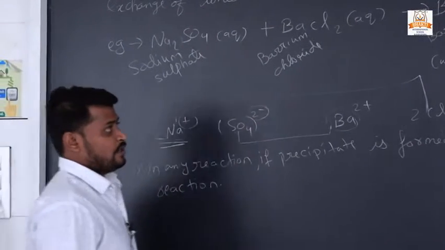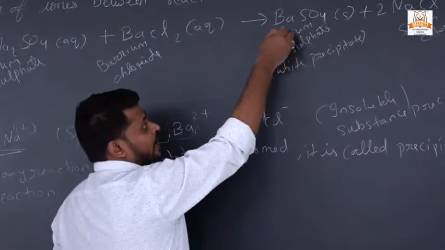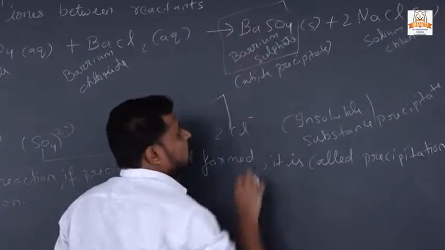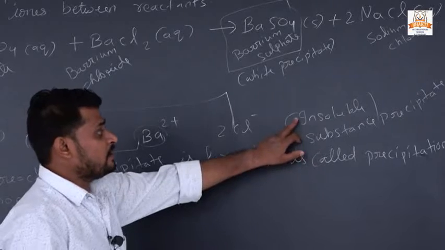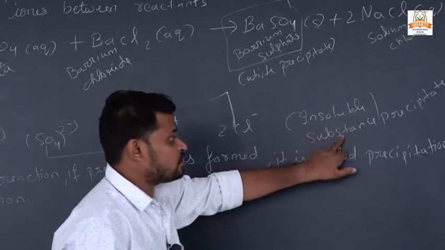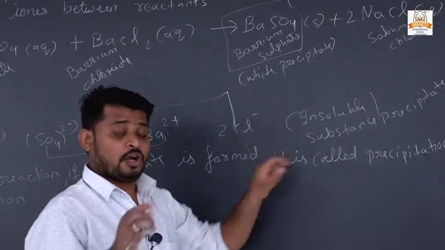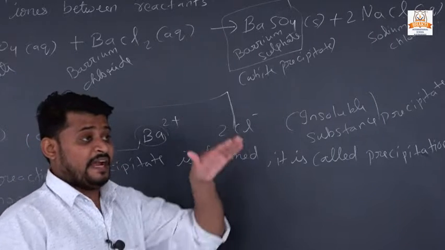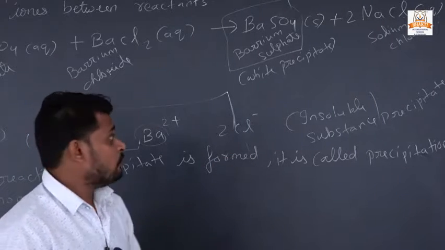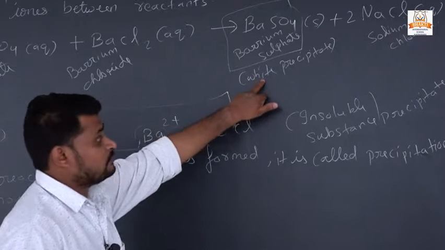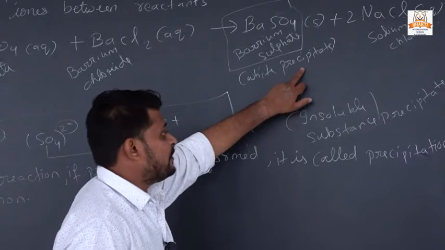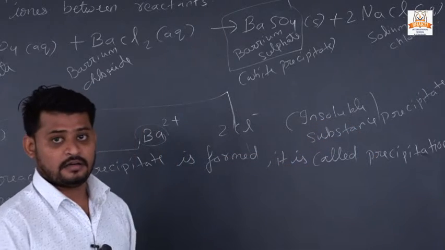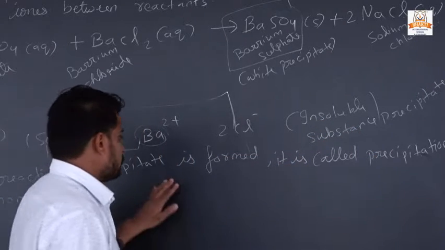When we get the product barium sulfate, it is an insoluble substance. It is not soluble in water, so it will settle down in water in the form of a white precipitate. What is a white precipitate? An insoluble substance that is white in color.